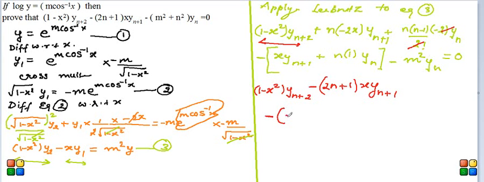And now n square minus n, this is now plus n, again it is m square n yn, this is equal to 0. Minus n plus n gets cancelled, and hence the result we can see 1 minus x square yn plus 2 minus 2n plus 1 x yn plus 1 minus m square plus n square plus m square, both are same, hence proved.